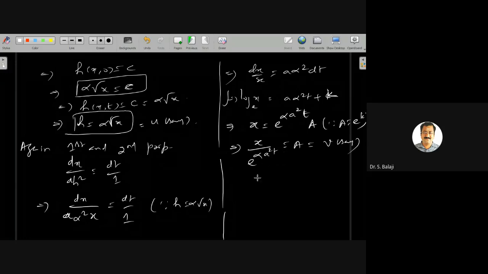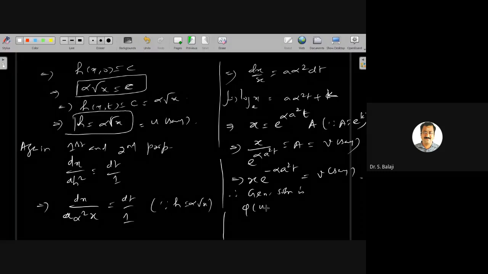By Lagrange's linear equation idea, you can write it like this. That is nothing but x e power minus alpha a square t, that is equal to v. The general solution is phi of u comma v is equal to 0.